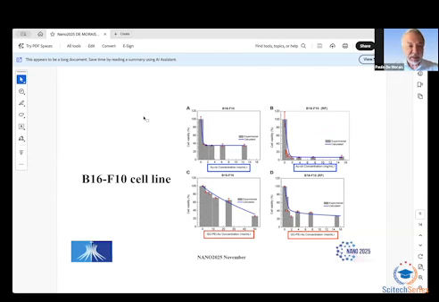So here is the second set of experiments, the B16F10 cell line. Again, the two plots on the upper side, A and B, represent the cytotoxicity of the gold nanoparticles for this cell line. So we have the cell viability reducing as a function of the concentration of the gold nanoparticles.